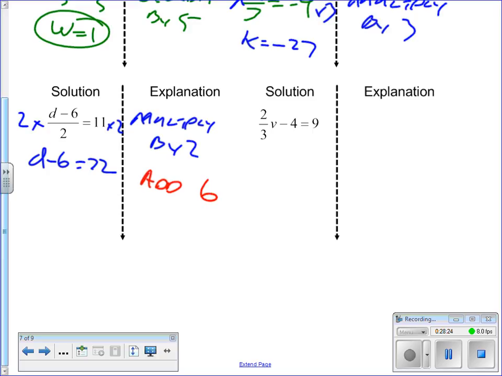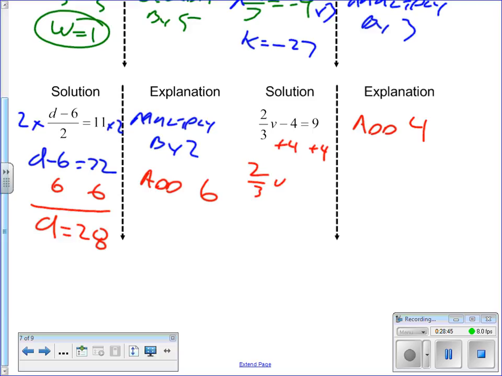D equals 28. And on the next one, my first step is to add 4. So I add 4, 2/3 v equals 13.